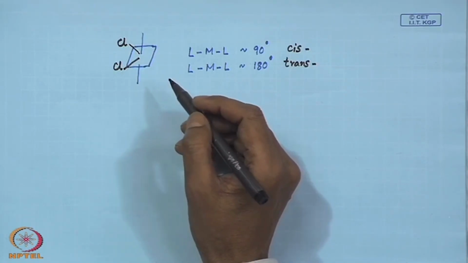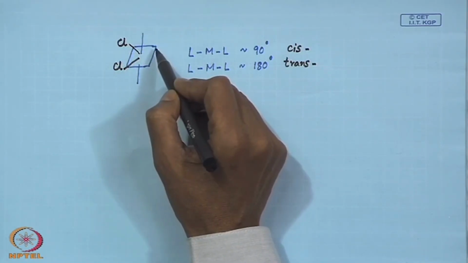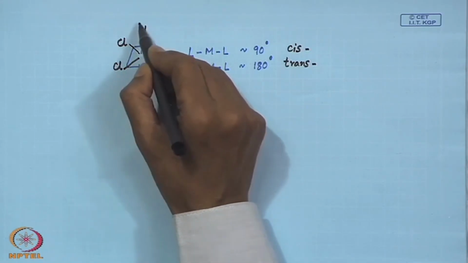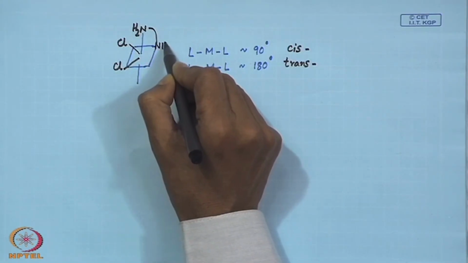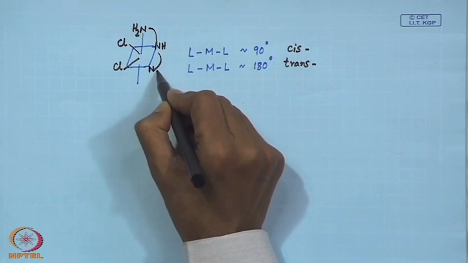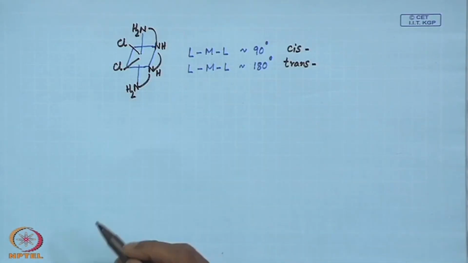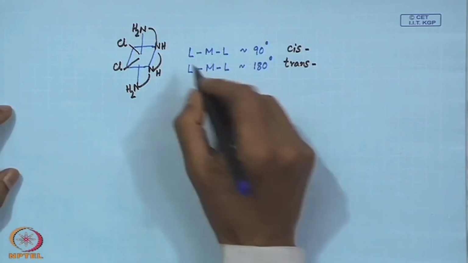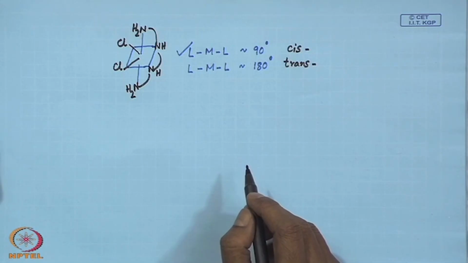This will also be true when all other positions are occupied by some other ligand, say some ligand which is also chelating, NH2, NH, NH and NH2. If it is chelating, then all four positions of this particular case are blocked and we will have only the cis isomer.